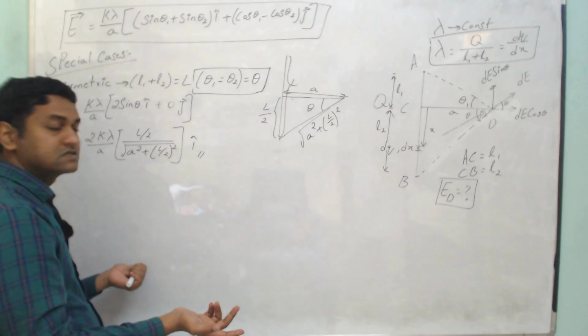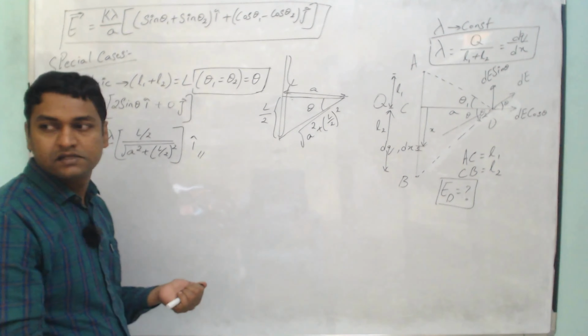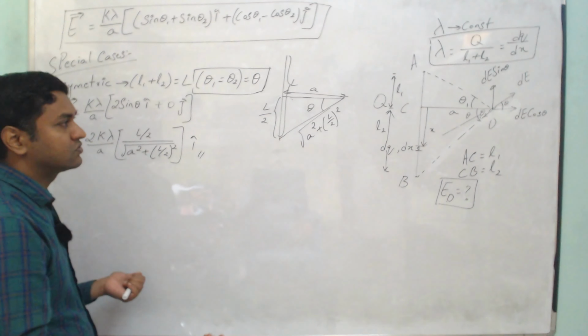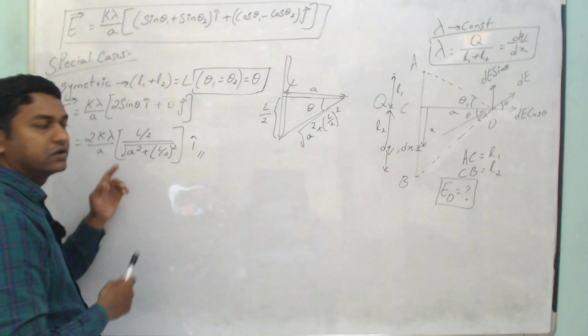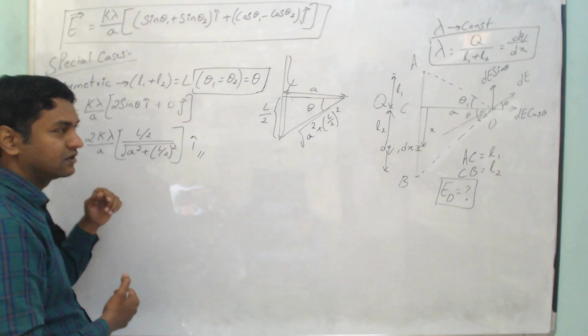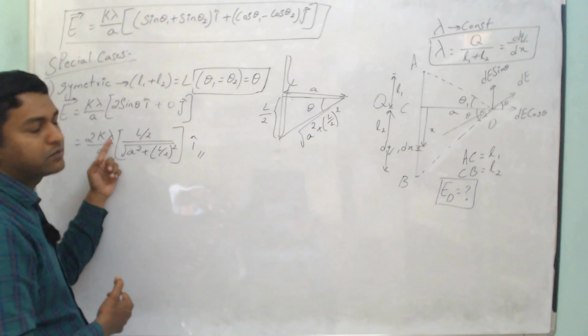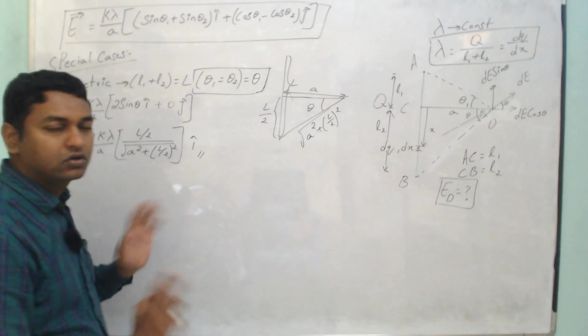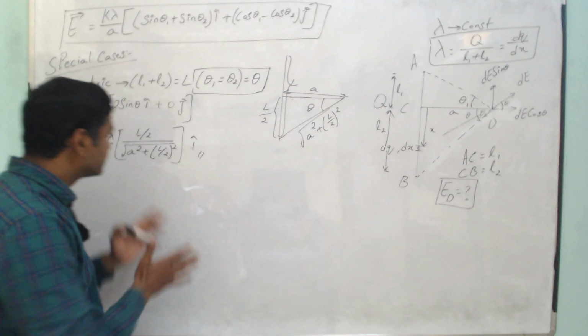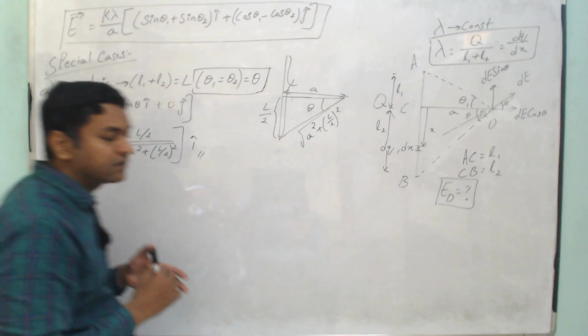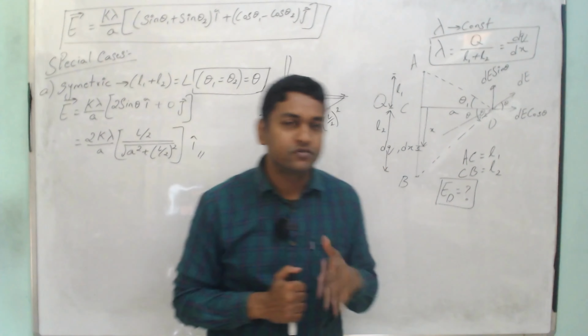See, I just want to explain one thing also. Also, lambda we can write as q by L. All those things we have done yesterday. Yes, sir. So from here we can rewrite however we want in terms of whatever we want.